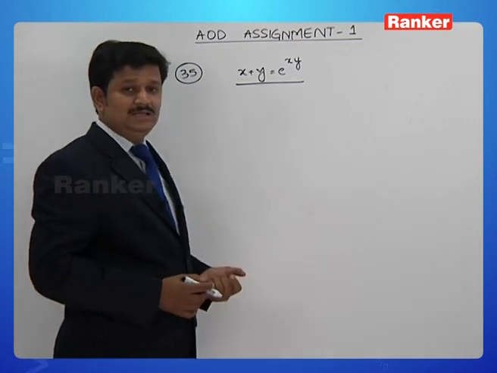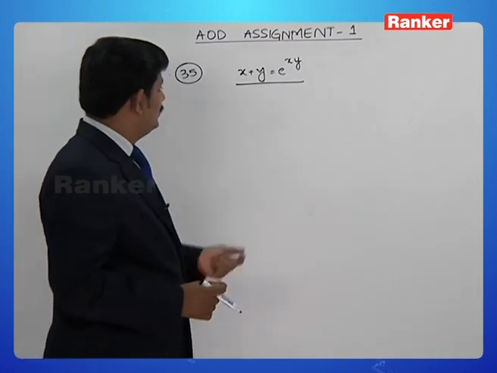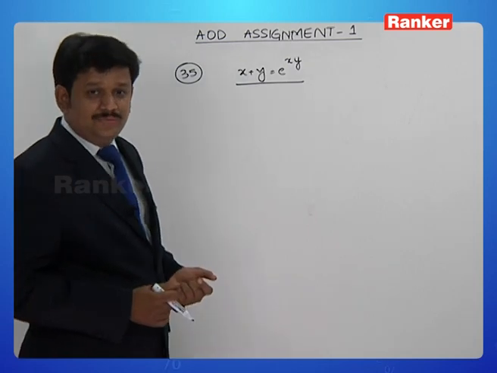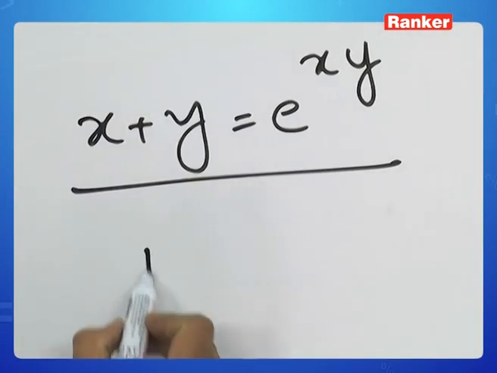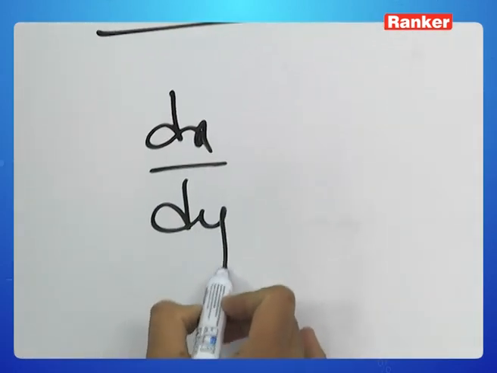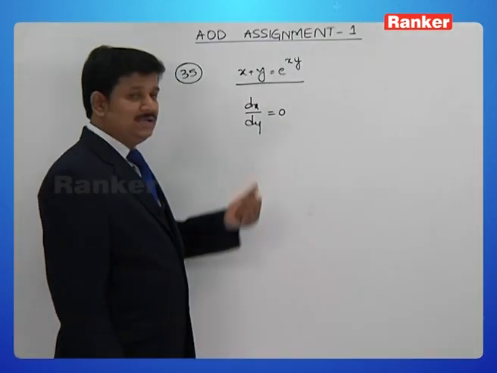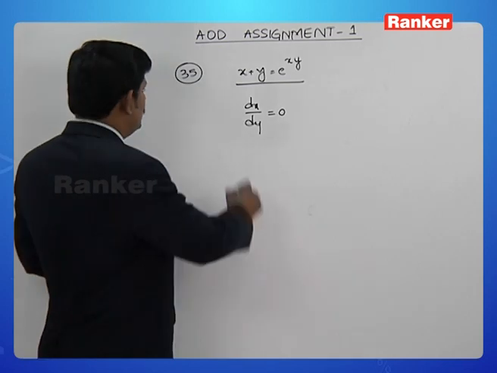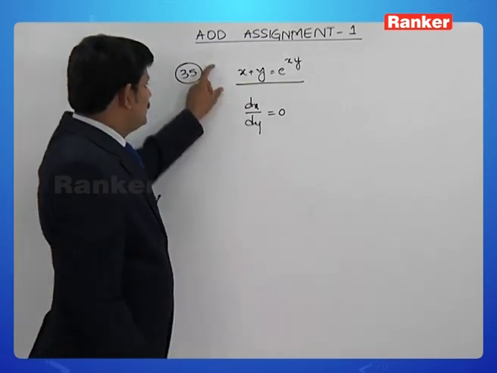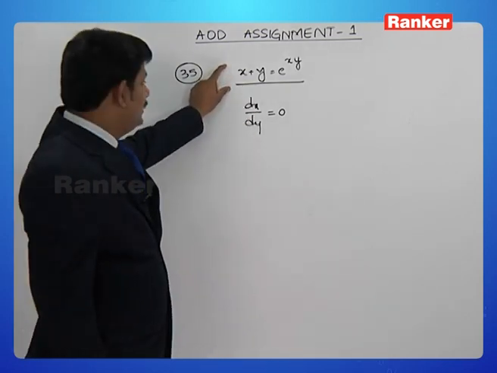Now, for lines parallel to the y-axis, dy by dx is not defined, or dx by dy has to be 0. Dx by dy has to be 0 for lines parallel to the y-axis. So, let us differentiate this equation with respect to y.